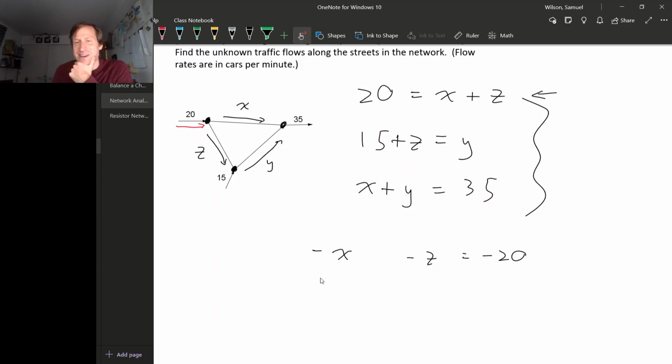Kind of silly to make everything negative, but that's life. For the second equation, we have minus y plus z equals negative 15. And then for the last equation, we have x plus y equals 35.